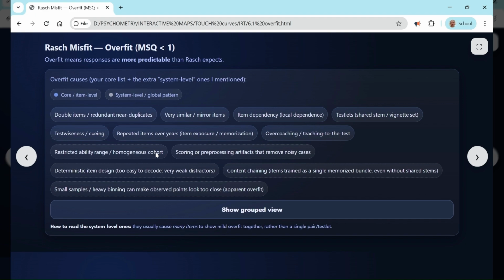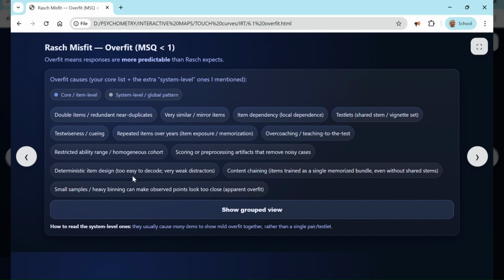And sometimes there is a restricted ability range. The cohort is very homogeneous, so you won't see a lot of underfitted. They will all be overfitting. And sometimes artifacts in scoring can remove noisy cases, like you take out the noisy cases, and this is iatrogenic, let's say.